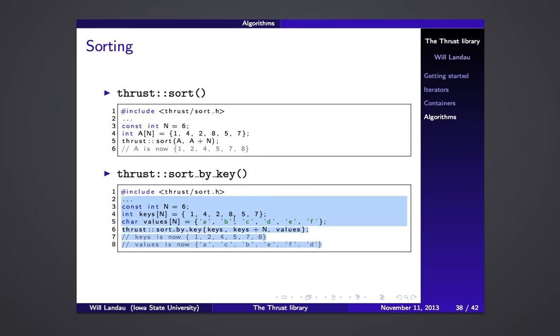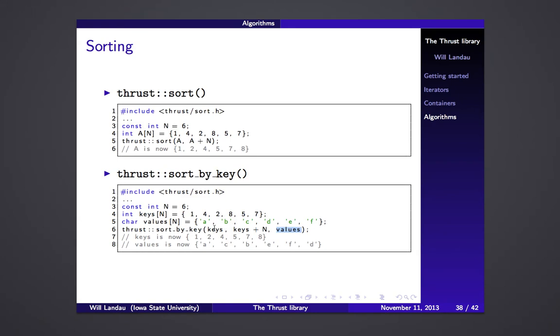So for example, if I have an array of keys and an array of values, and each value corresponds to its key in the same location in the other array, for example, the value corresponding to key 1 is A, the value corresponding to key 4 is B. I can call thrust sort by key on keys and values.